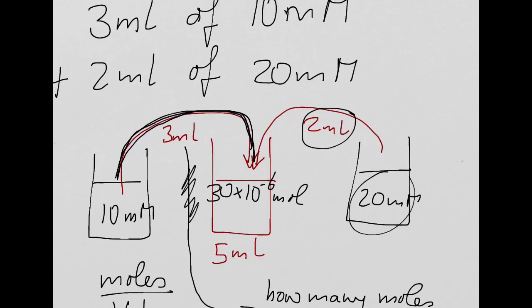How many moles is that? Got it? Yeah? How many moles? 40. You are absolutely right. It's 40 times 10 to the minus 6 mole.